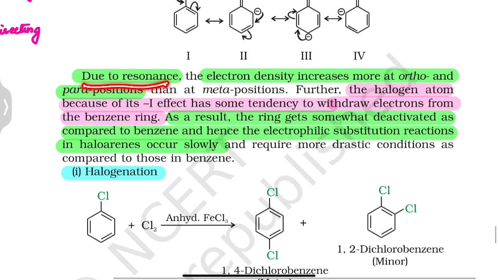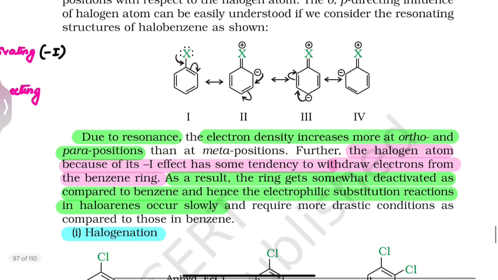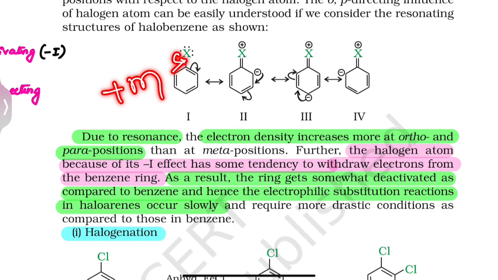Here you can see that due to resonance the electron density increases more at the ortho and para positions. Because of this plus M effect, the negative sign is present at the ortho position as well as the para position. Therefore they show ortho-para directing behavior. Further, the halogen atom, because of its minus I effect, has some tendency to withdraw electrons from the benzene ring. As a result, the ring gets somewhat deactivated as compared to benzene.